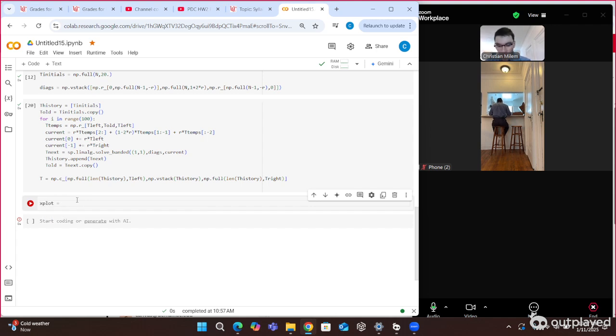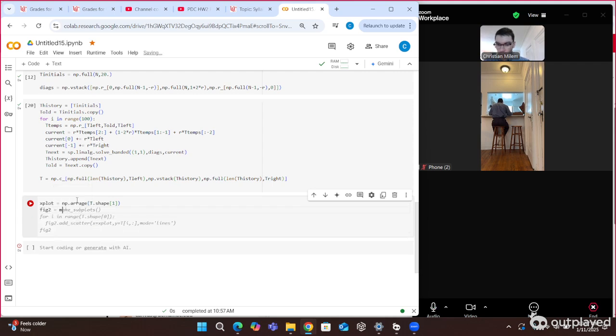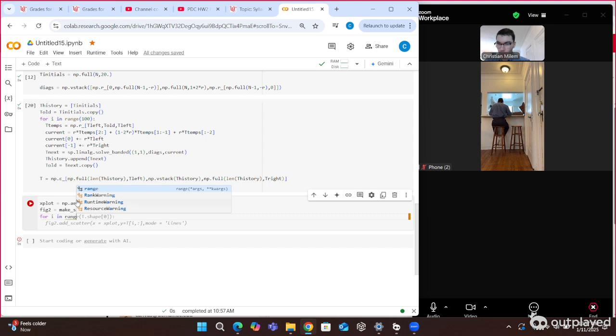So our x values are going to be np.arange, t.shape 1, fig 2 equals make subplots. Again, I apologize for the auto-generated. The t.shape 0. Okay.